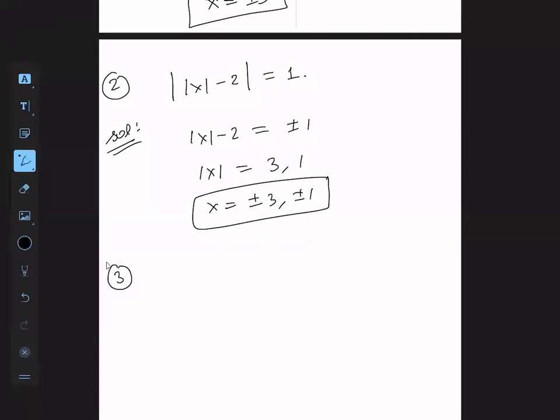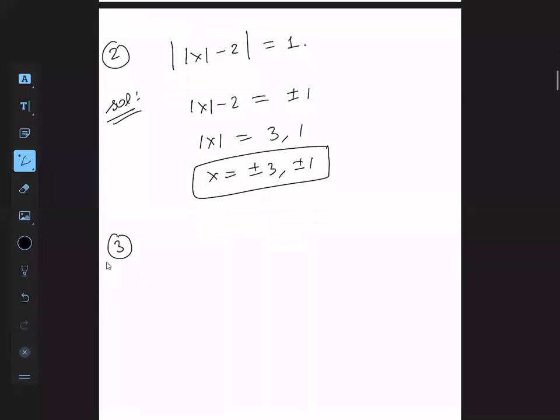That's why it is rejected. Mod x cannot be equal to minus 1. That's why it is rejected. Modulus is always a non-negative quantity. Now solve this.